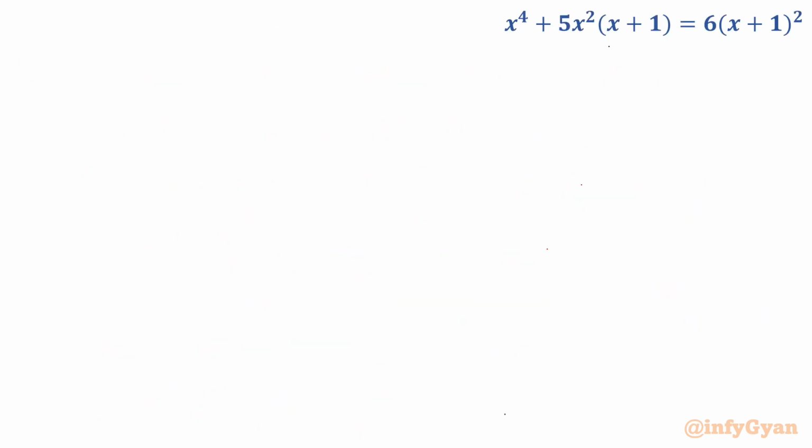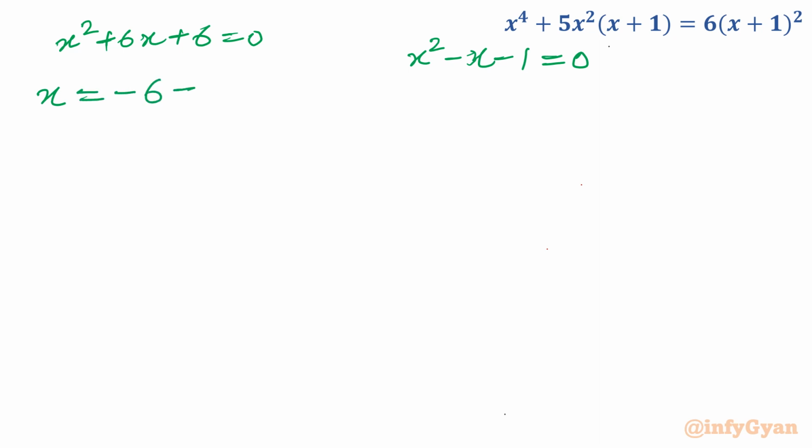Let me write the first equation, which is x square plus 6x plus 6 equal to 0. Let's apply the quadratic formula. Let me write the second equation here: x square minus x minus 1 equal to 0. Let's solve simultaneously. Minus b, minus 6, plus minus square root of b square, 6 square is 36, minus 4ac, 4 times 6 is 24, divided by 2a, so 2.